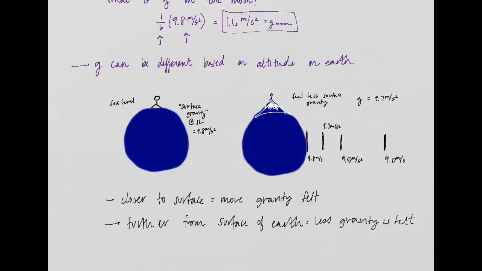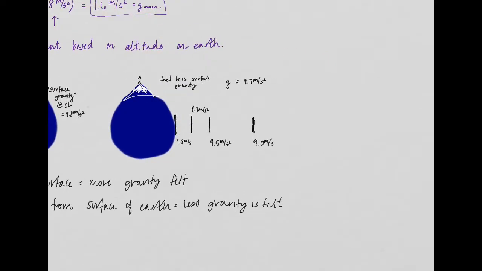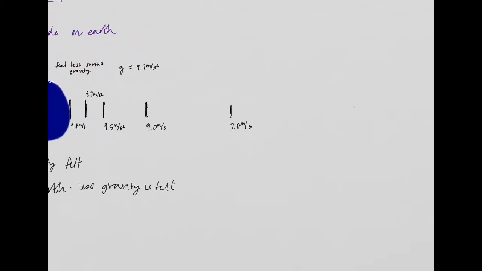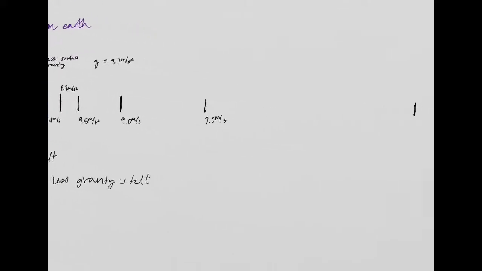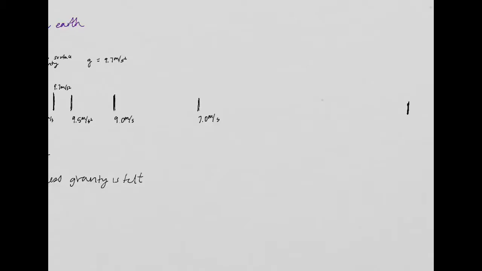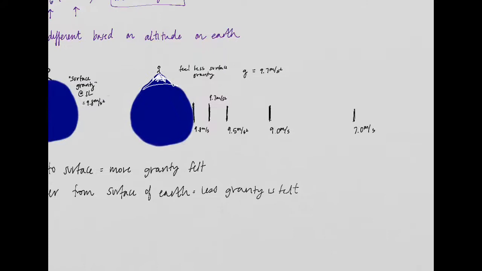Further and further away, here we only feel 7. And all the way over to the moon, maybe we'll feel even less, maybe only 4, right? So the further away you get from the Earth, the less gravity you feel, and therefore the less acceleration due to gravity, the less g becomes.